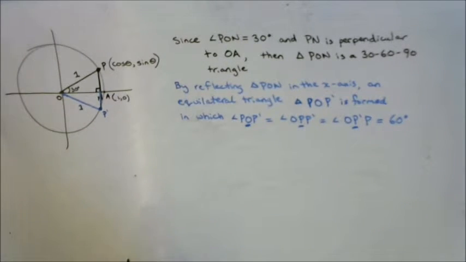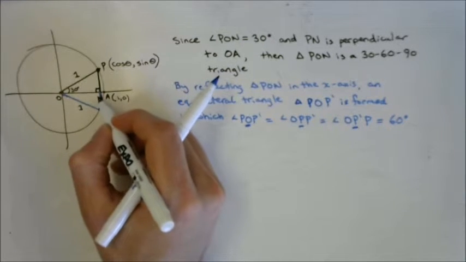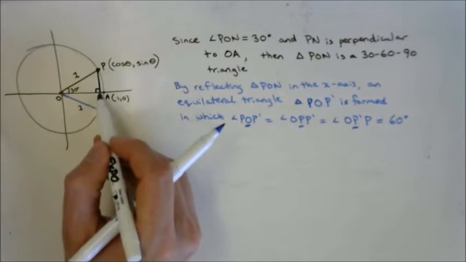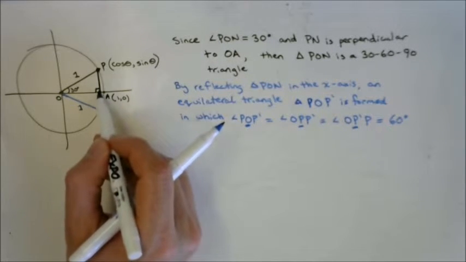Now what do we know about point N? Point N is still relevant. Tell me about point N. What is it doing now? It's not just where the triangles hit the x-axis.